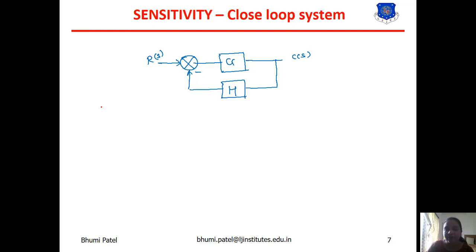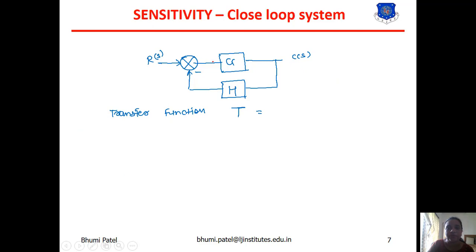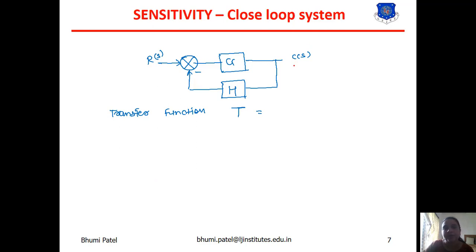Now we have to find the transfer function of this system. So the transfer function T is equal to, here you can see that one forward path is connected and one feedback path is there. So we can find the transfer function using the block diagram reduction technique. Here we have used rule number 3 for block diagram reduction.